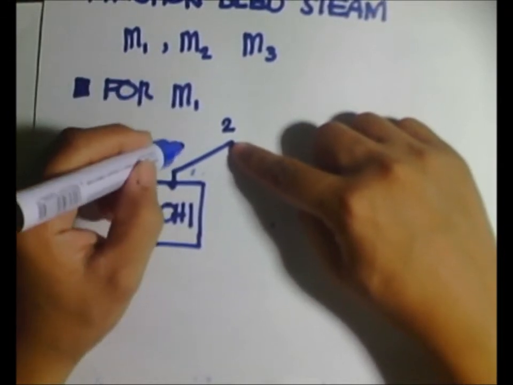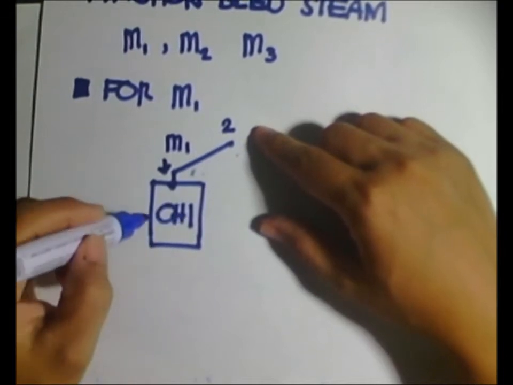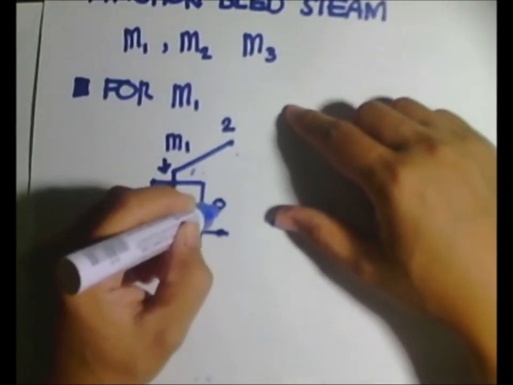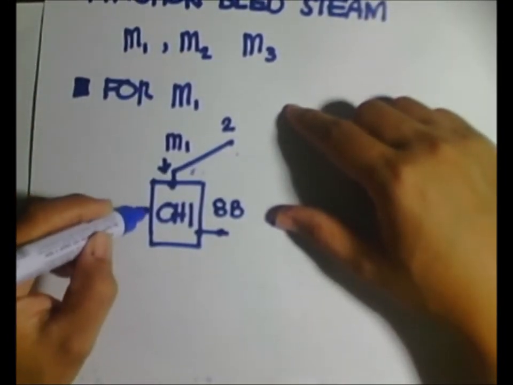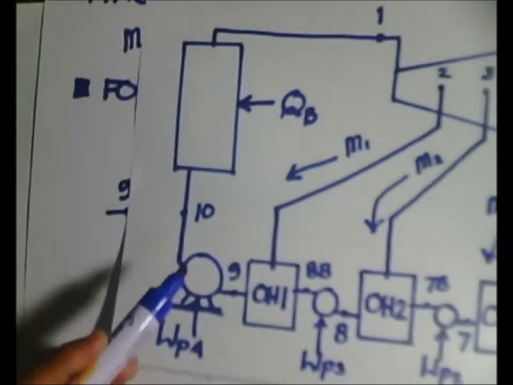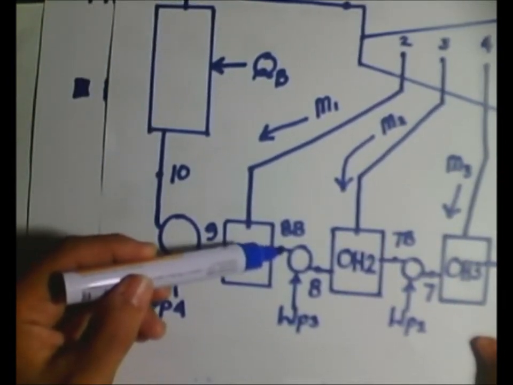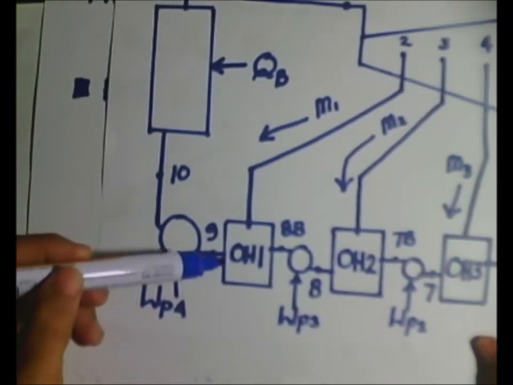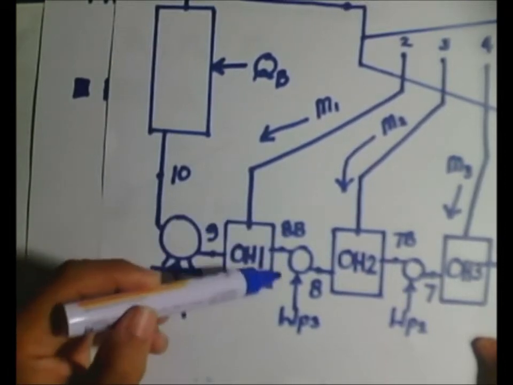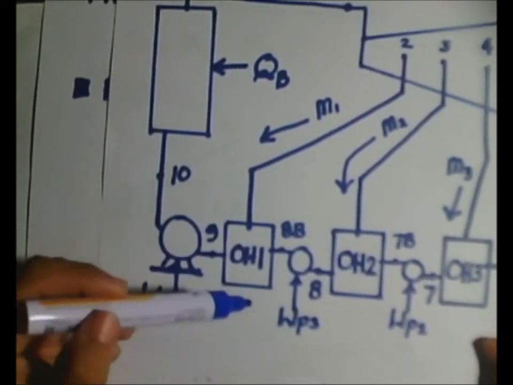This is from 2, and M1 enters here, and this one is 8B, and this one is 9. So we can check it out from our schematic diagram here. That's 8B, open heater 1, and 9 here. So it's from here that we determine the M1 by mass and energy balances.